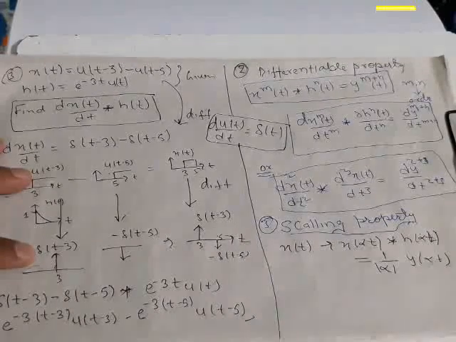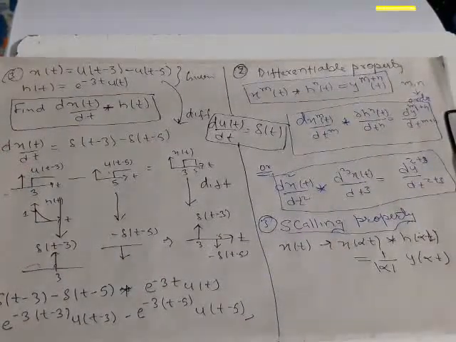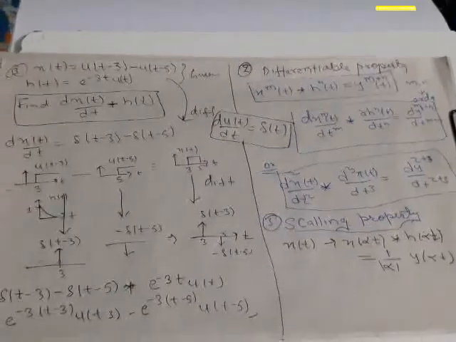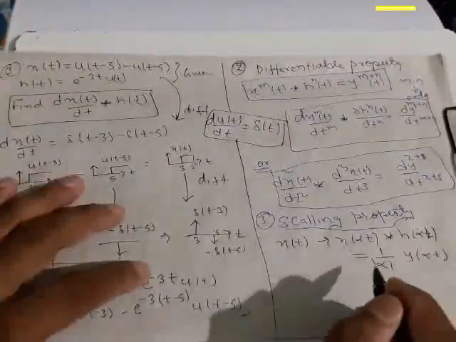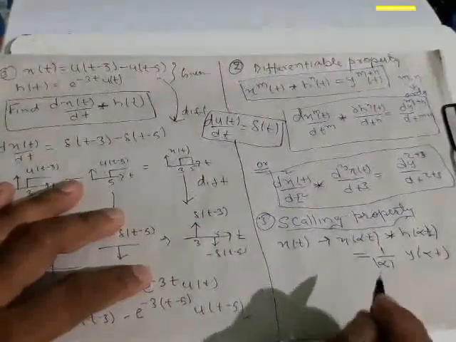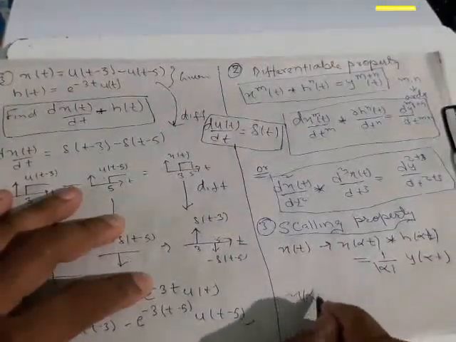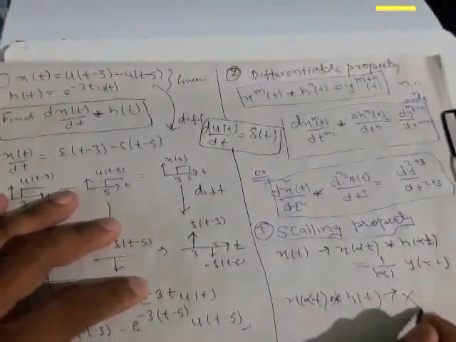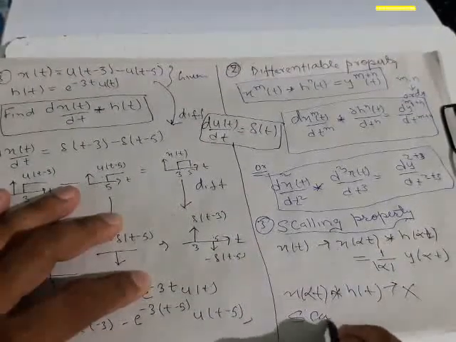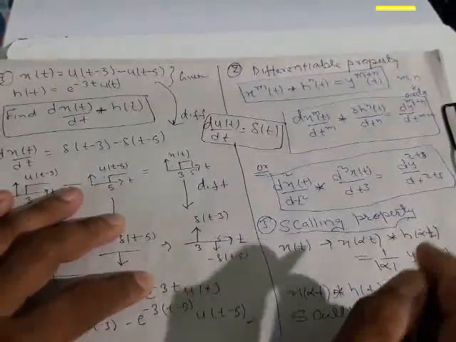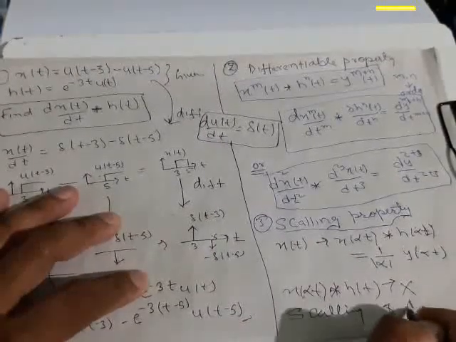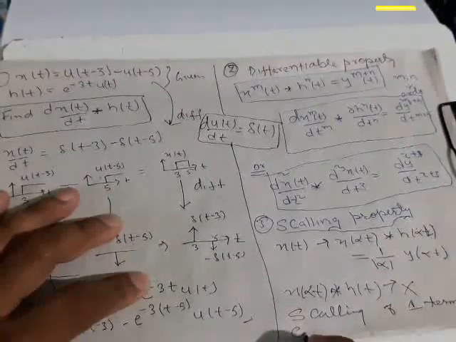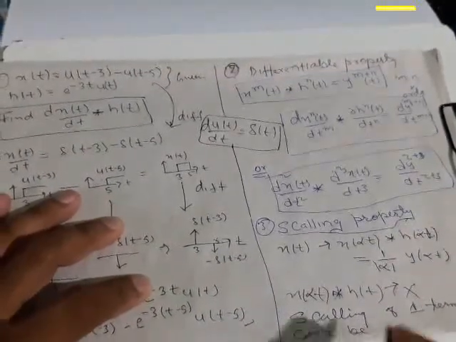We will solve an example. If u of t is convoluted with exponential minus t into u of t, and we don't know the output, what will be the output? So we can do one thing. You know that in an LTI system, in Laplace transform, x of t convolution with h of t in the Laplace domain is just multiplication of X(s) with H(s).